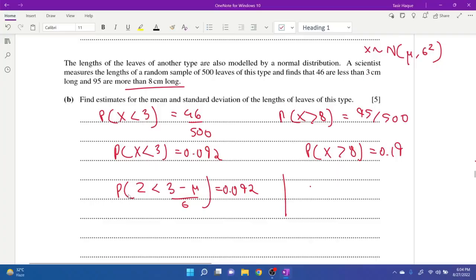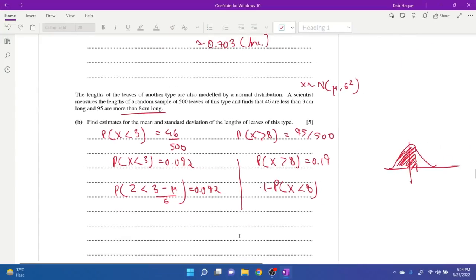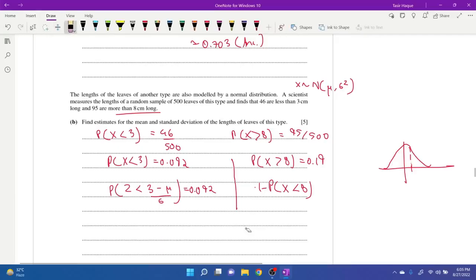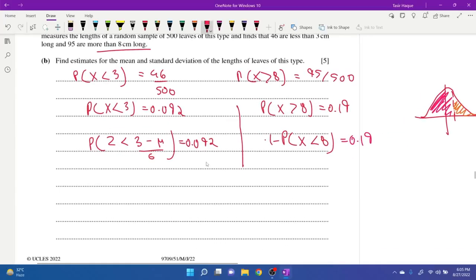How? 1 minus P(X < 8). I'm given this area over here, but I want the area on the back. If I subtract that value from 1, I get the area behind. So 1 minus 0.19 is 0.81. So P(X < 8) is equal to 0.81.